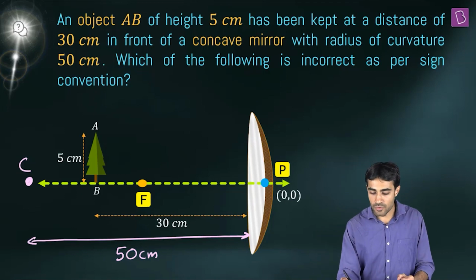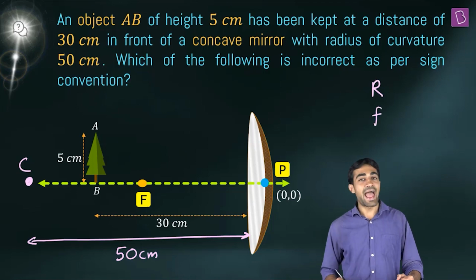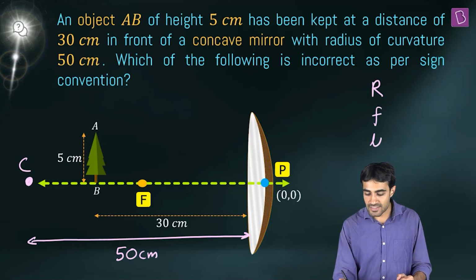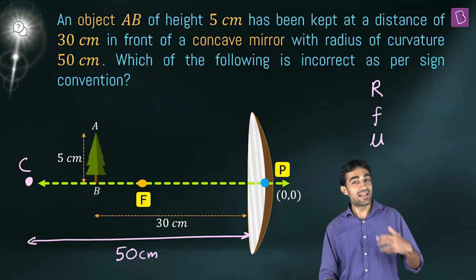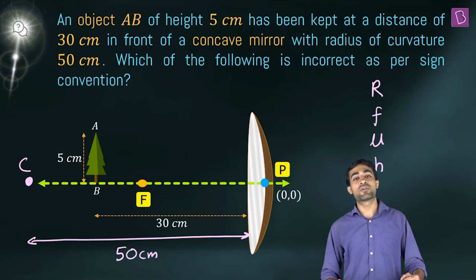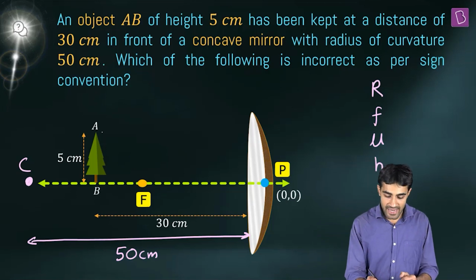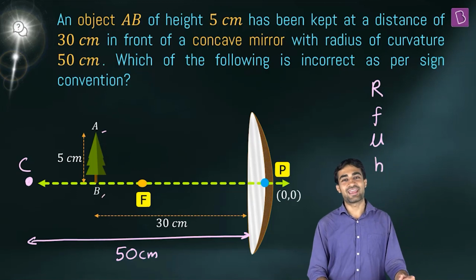We will find out the radius of curvature R, what is F, and what is the object distance U. In addition to that, I will also tell you how to write the perfect sign for h. h is AB.